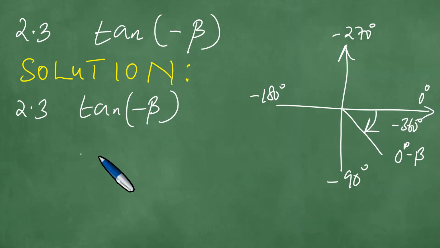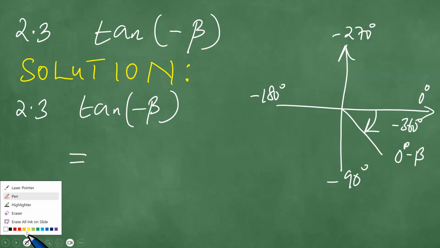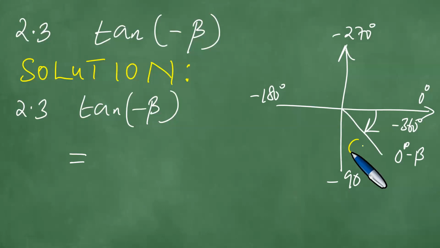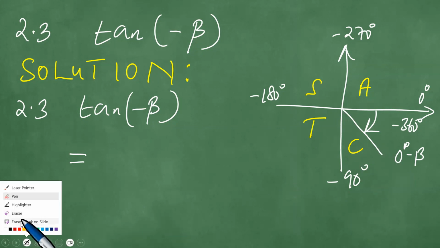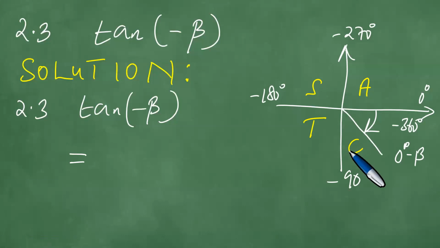At this point, we are seeing that by using the CAST rule, in this quadrant, the cosine is the one that is positive, and therefore the tangent is going to be negative here. Meaning the tangent of minus beta is therefore negative.